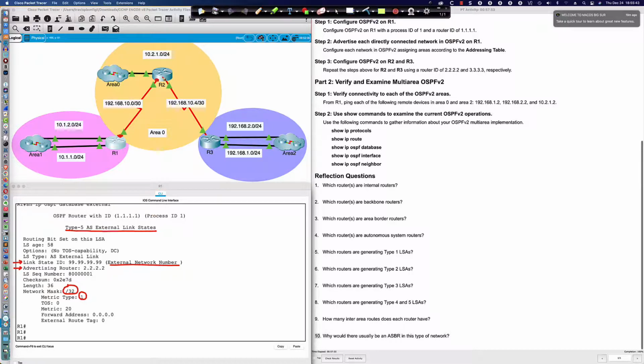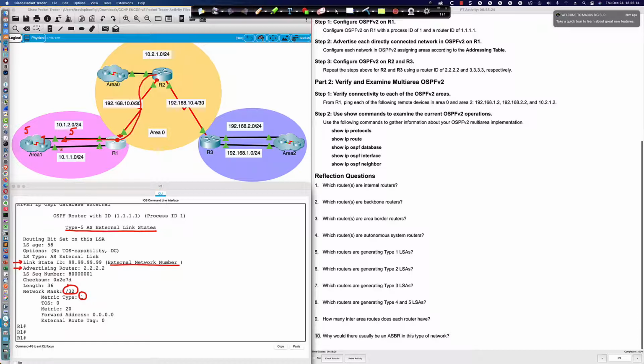And remember, router 2 is the advertising router. And this type 5 LSA, when it shows up here on the area border router, goes out as a type 5 LSA to routers 5 and 9. And so router 5 and router 9 are going to see OE1 routes that would have different metrics.